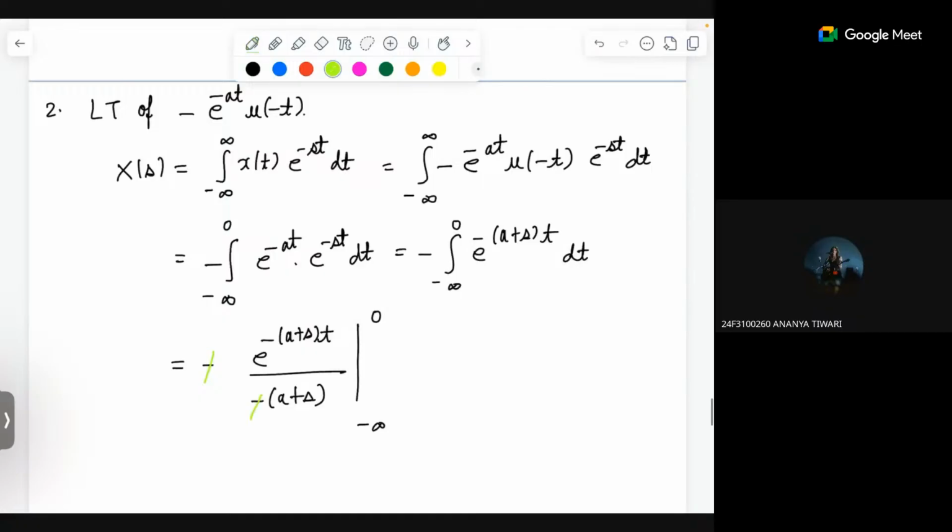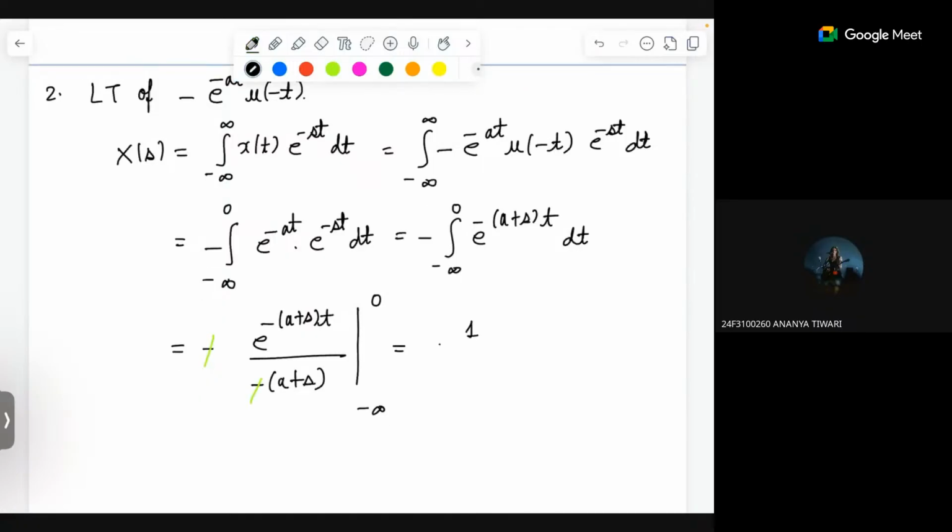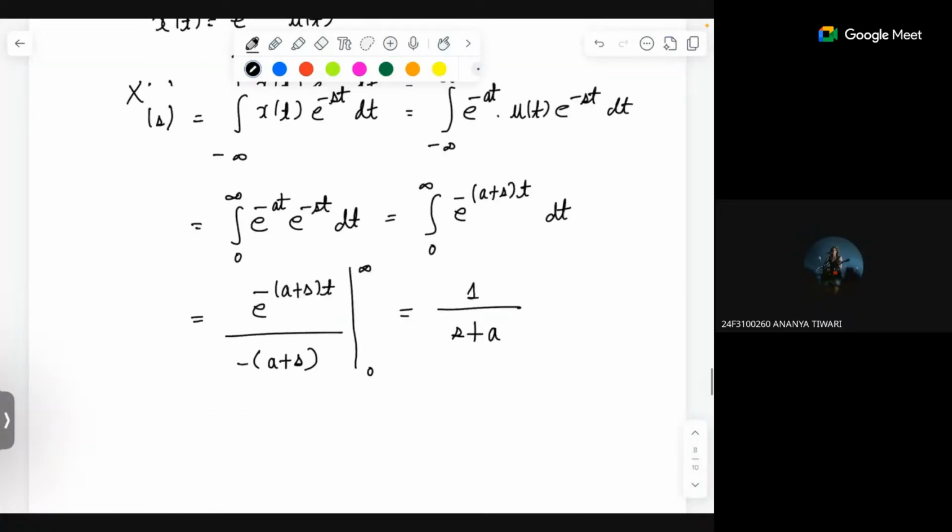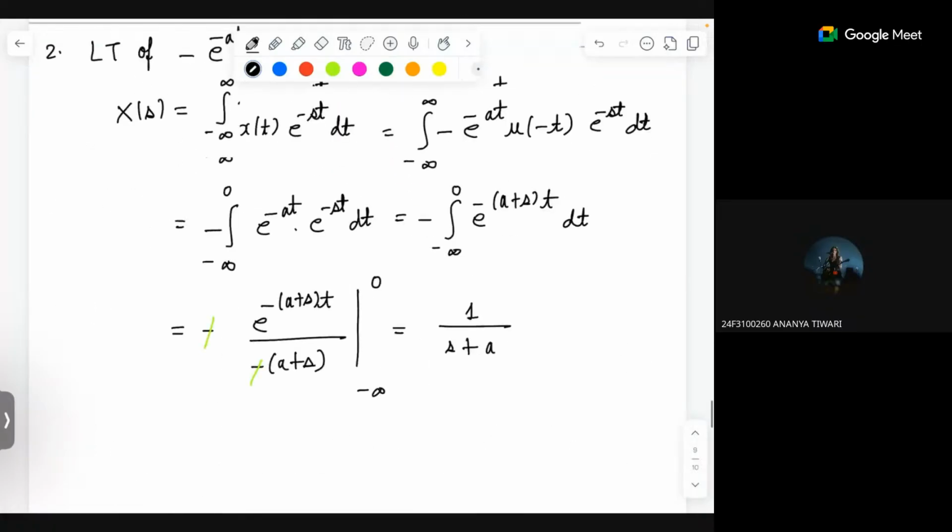When I put t equal to 0, I will get 1 upon s plus a. And when I put t equal to minus infinity, oh, you're saying that it is going to infinity. Yes, ma'am. I think it should be 1 upon s plus a only. No, no, it should not be.